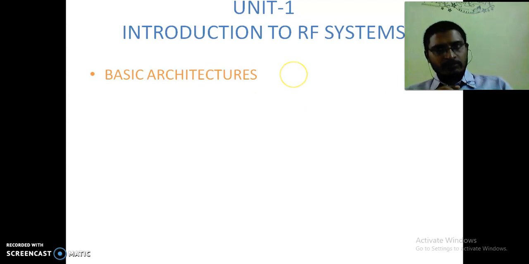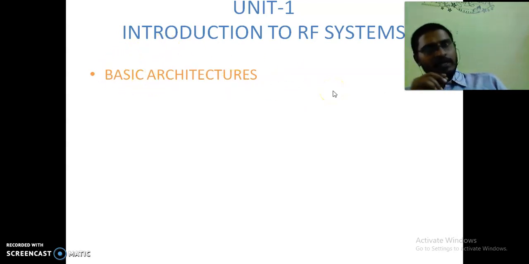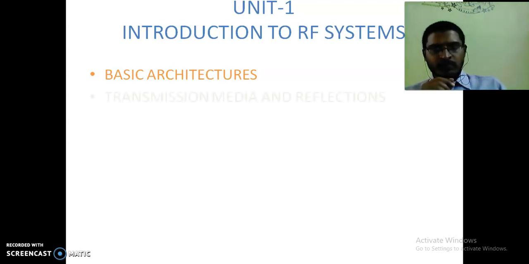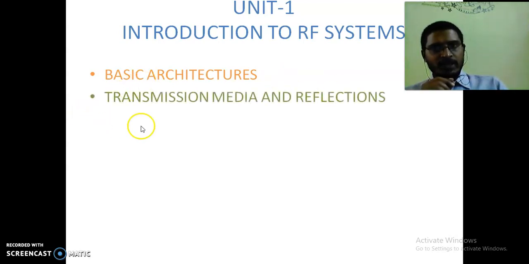First topic, basic architectures of RF system. What is the basic architecture? What are the building blocks of the RF system? Next, transmission media and reflections. The medium between transmitter and receiver is called the transmission medium.